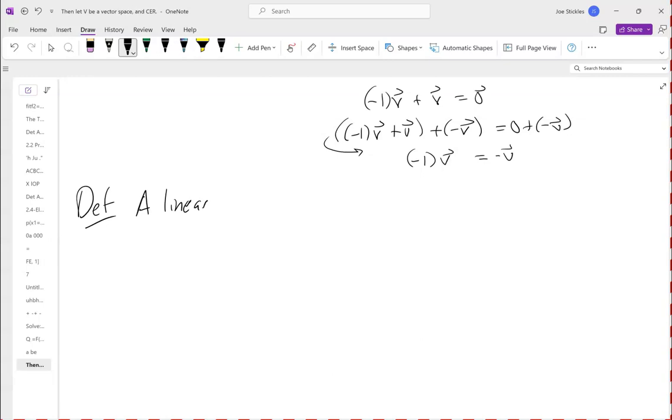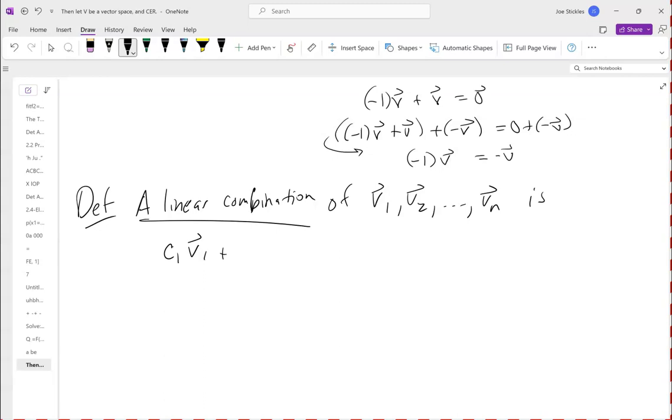A linear combination of a set of vectors v1, v2, out to vn is just scalar times vector plus scalar times vector plus scalar times vector. What we mean by linear combination of things is that we do number times object plus number times object plus number times object throughout the set of the objects. So that's what we mean by a linear combination.